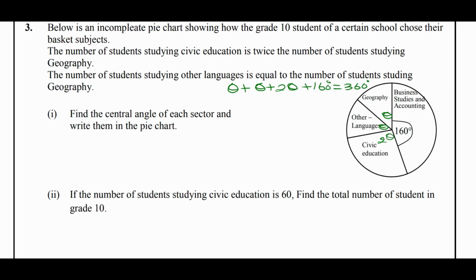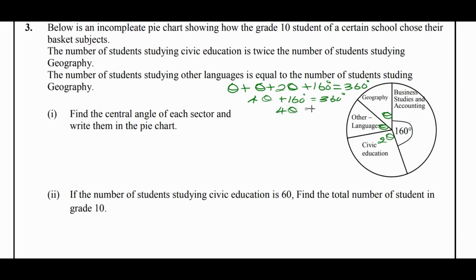You can use any kind of algebraic notation, such as x and y, or alpha or beta, or whatever. I am getting this angle as theta here. Then this should be 4 theta plus 160 equals 360.